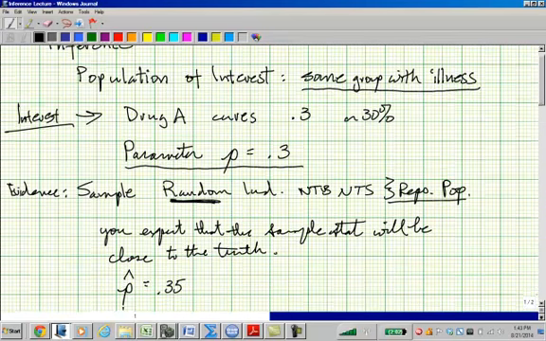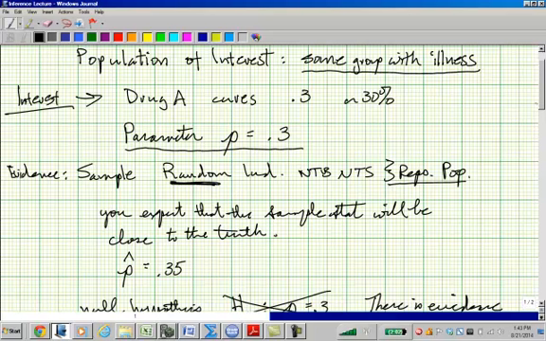So how are we going to overturn this belief? We're going to get a sample. We're going to get a random, independent, not too big, not too small sample that represents the population. Because the sample is random, you expect that the sample statistic, which is simply going to be a count of how many people were cured, will be close to the truth. Let's say you take 100 people and 35 got cured.